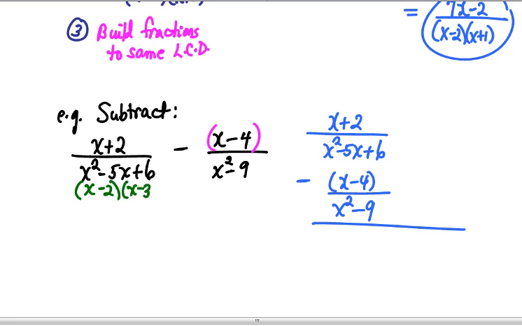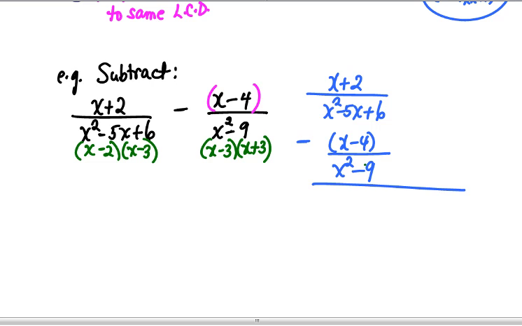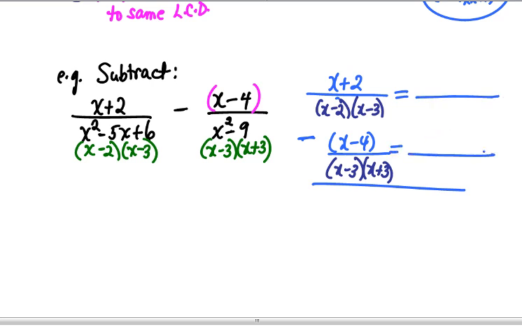So this is x minus 2, x minus 3, and this is x minus 3, x plus 3. In these kind of problems, to get the lowest common denominator, usually there's one factor that is shared in both denominators. So actually, I'd like to rewrite this so that my original problem vertically will have these factors. I now have this subtraction problem, and now I'm getting ready to put the LCD.